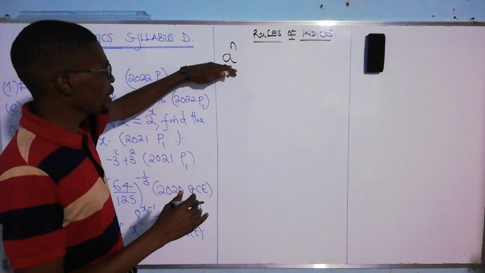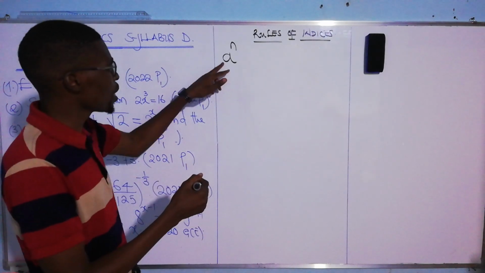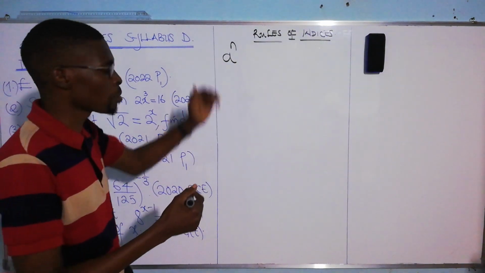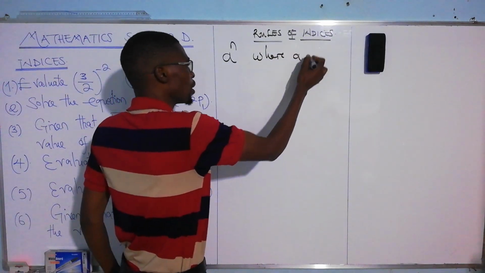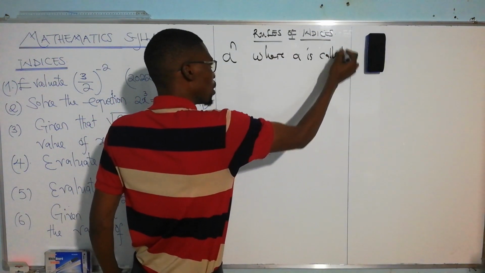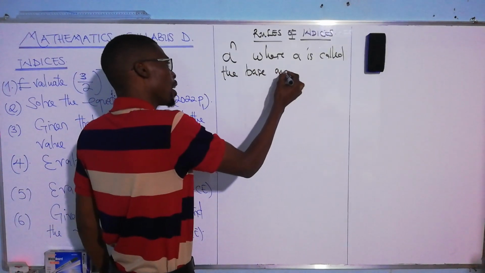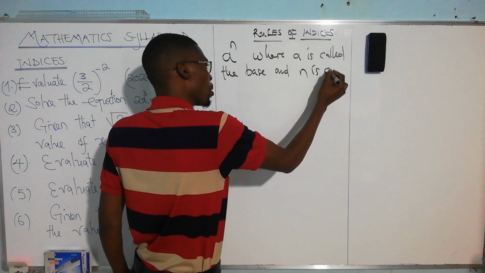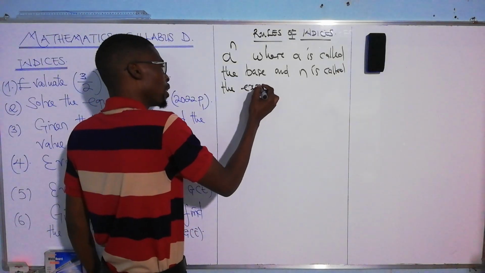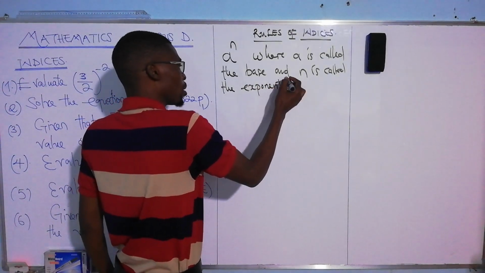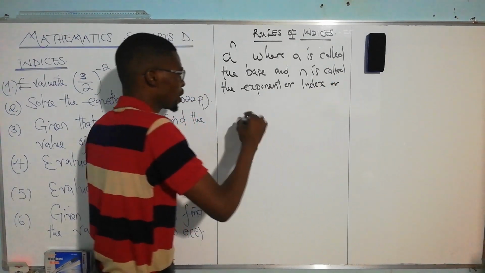This is a value or a variable given in the form a to the power n, where a is called the base, and n is called the exponent, or index, or the other name is power.